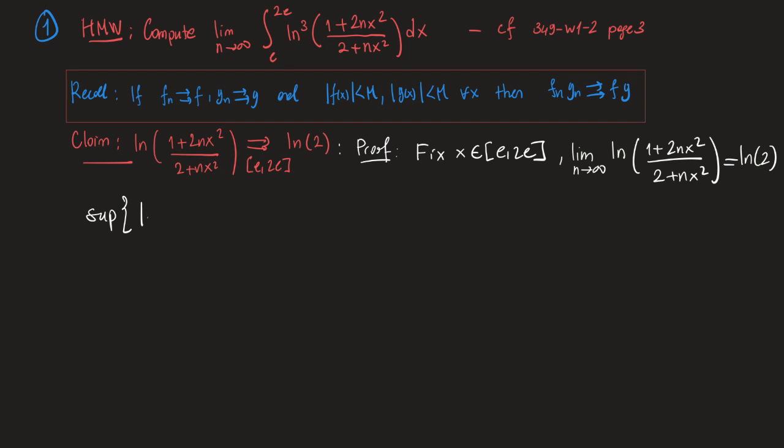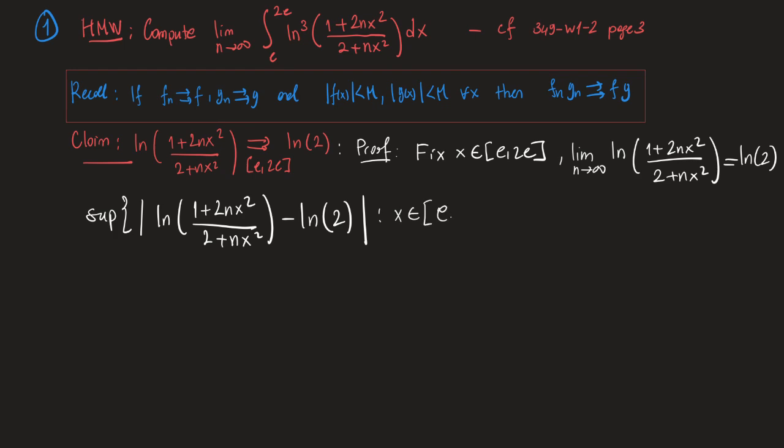So without losing generality, let me just write everything explicitly: ln of (1 plus 2nx squared) over (2 plus nx squared) minus ln 2. It was my pointwise limit. So I'm claiming this supremum goes to 0 when x is in [e, 2e].